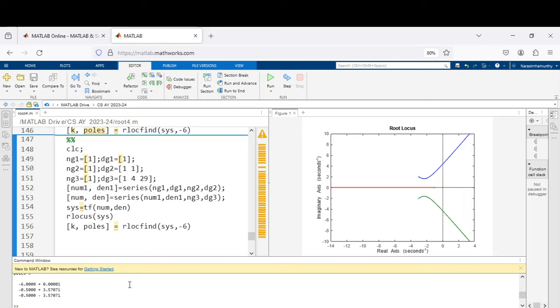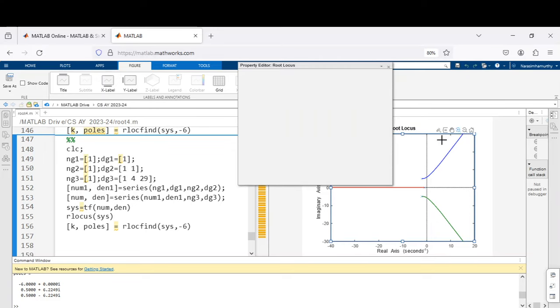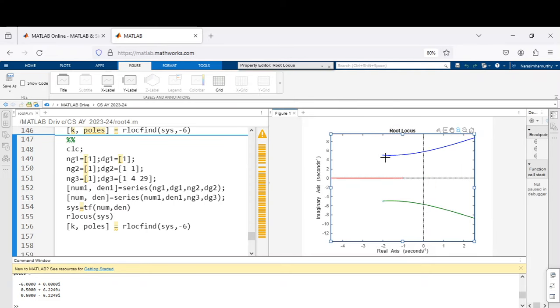so what is the transfer function you have? It hasn't run yet. Let me run this again. Okay, this is the transfer function. You can see now this is leaving almost at an angle of minus 11 degrees.